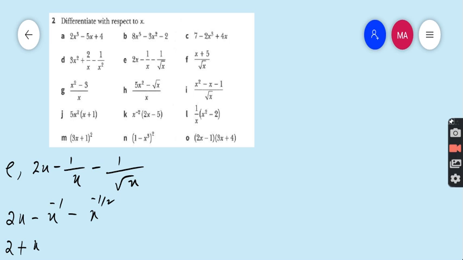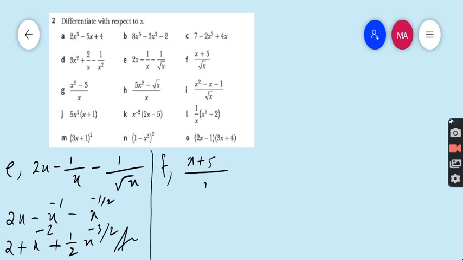Minus, minus plus: x to the power minus 1 gives minus 2, minus minus plus 1 upon 2, and minus 1 upon 2 minus 1 is minus 3 upon 2. This is the final answer of part E: 2 plus x to the power minus 2 plus 1 upon 2 x to the power minus 3 upon 2. Part F.